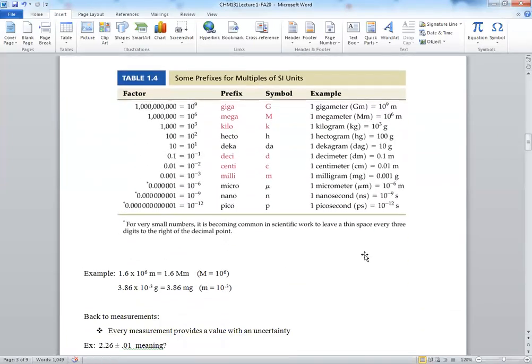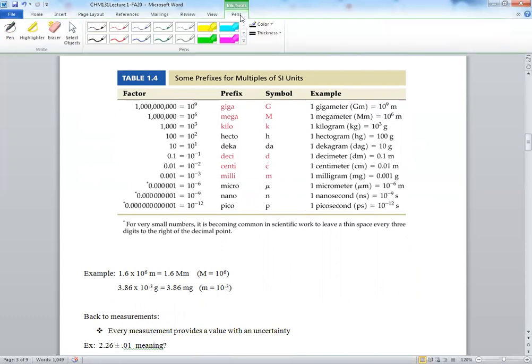So let me clarify one thing here about the metric system, how you would actually read it. The way to read the metric system, as I told you before, is you use this prefix right here, let's say giga, right? Or mega or kilo, to denote a power.